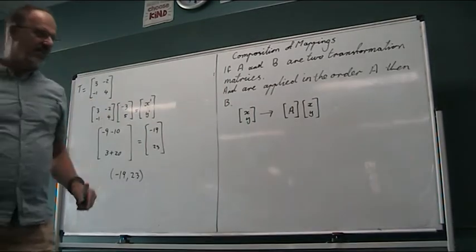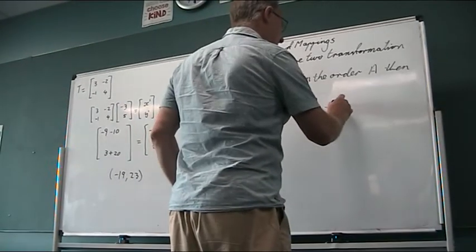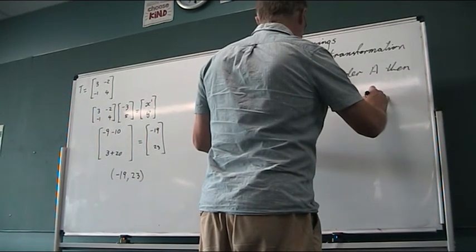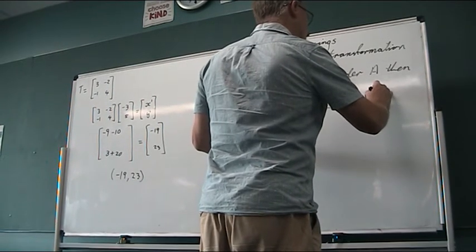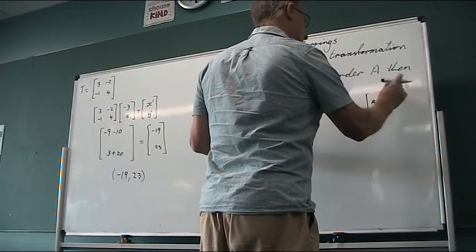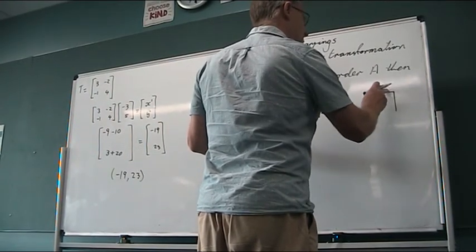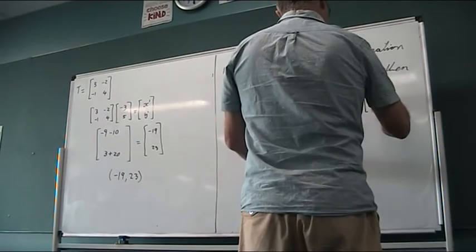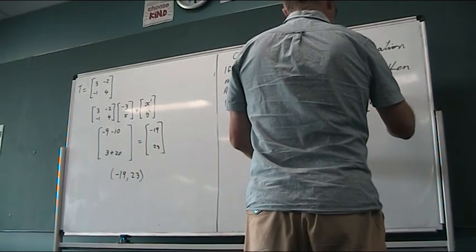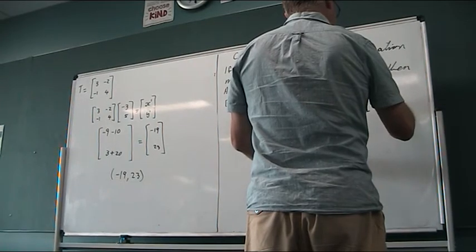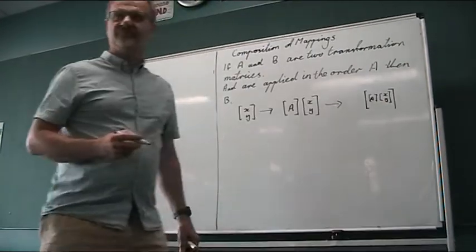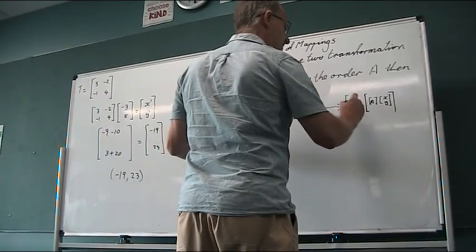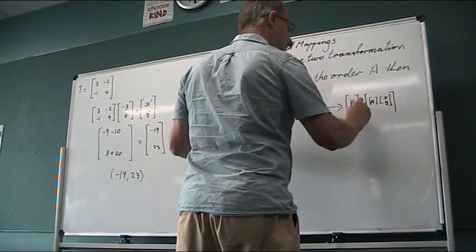Alright, so we multiply that out, and when we multiply that out, we'll get a single matrix, which is the product of those two. And then we multiply matrix B in front.